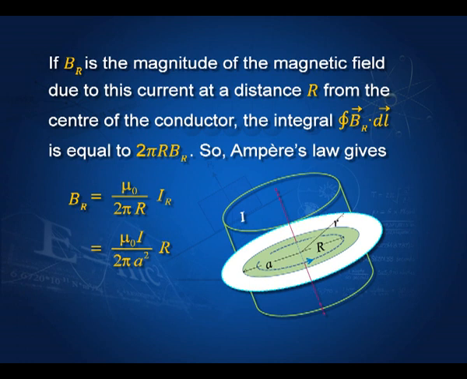Remember, I r is I r squared by a squared. Therefore, B r is mu 0 I by 2 pi a squared times r.